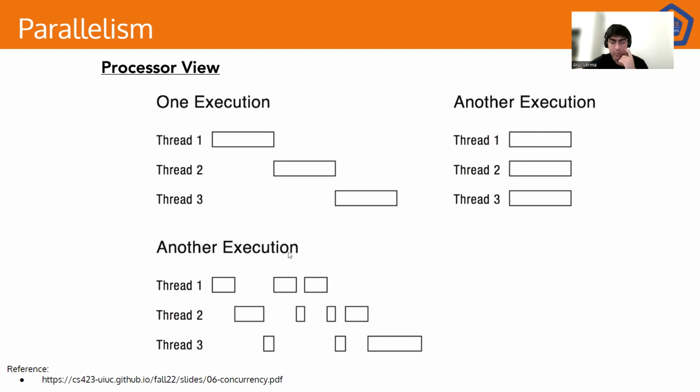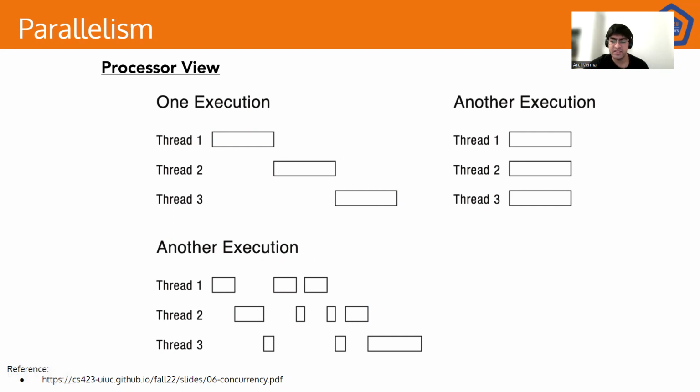But more often than not, when you run multiple threads, you get some sort of execution that looks like this on our bottom left, where thread 1 starts, then thread 2 starts, thread 3 starts, thread 1 resumes, thread 2 starts, thread 1 resumes, thread 2, thread 3, thread 2, thread 3. So you can see it's a little bit mix and match piece by piece. It's not exactly one is running all the way through.